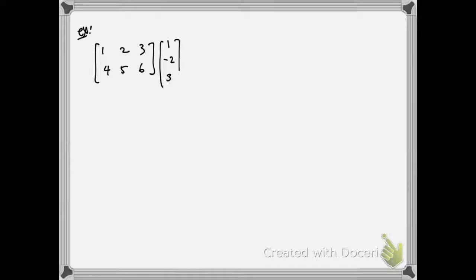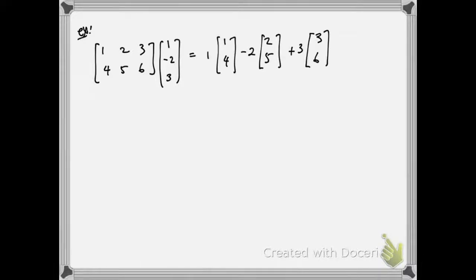So let's go through an example. Suppose I want to compute this product. So by definition, I'm going to take the columns of A and the linear combination that arises from using the entries in the vector x as weights. So I'm using 1, minus 2, and 3 as the weights. And then I just compute using the definition of scalar multiplication and vector addition.